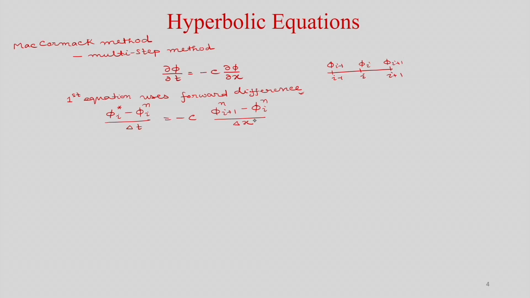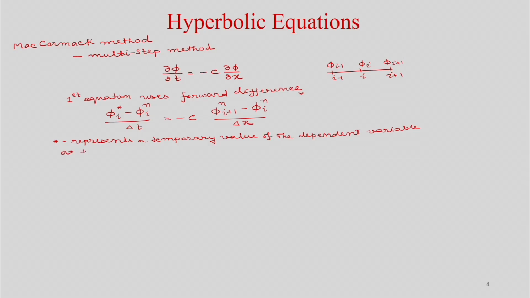This star represents a temporary value of the dependent variable at the advanced level. So, in the next step we will use this value.